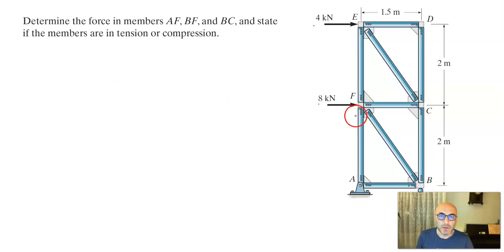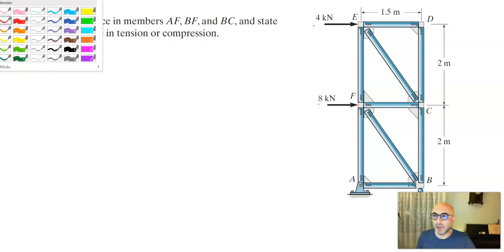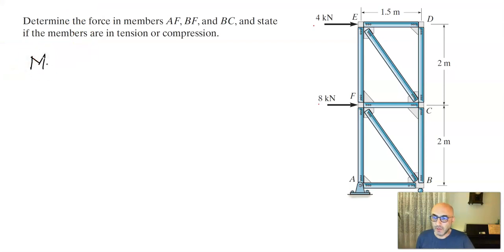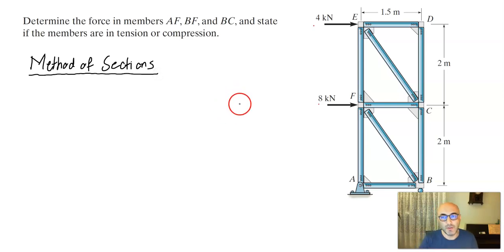Okay, so we're going to solve this problem by using the method of sections. As you know, the truss analysis can be carried out by using either a method of joints or a method of sections.